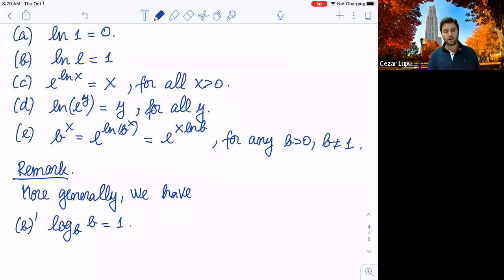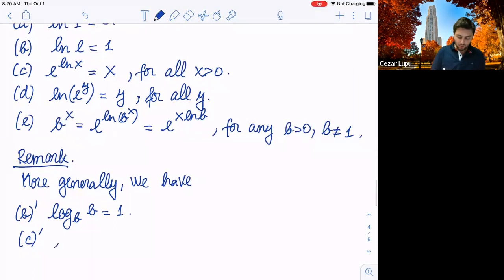As you can see, if I take b equals e, I recover property B. Then, let's say C prime, we have something more general: b to the power log in base b of x will be nothing else than x.